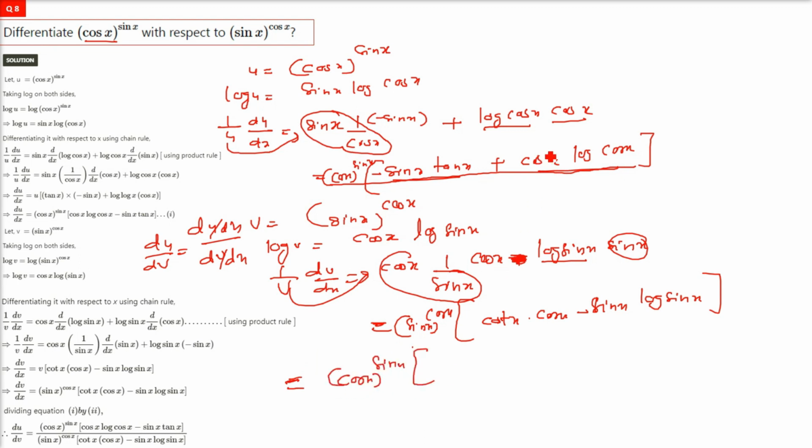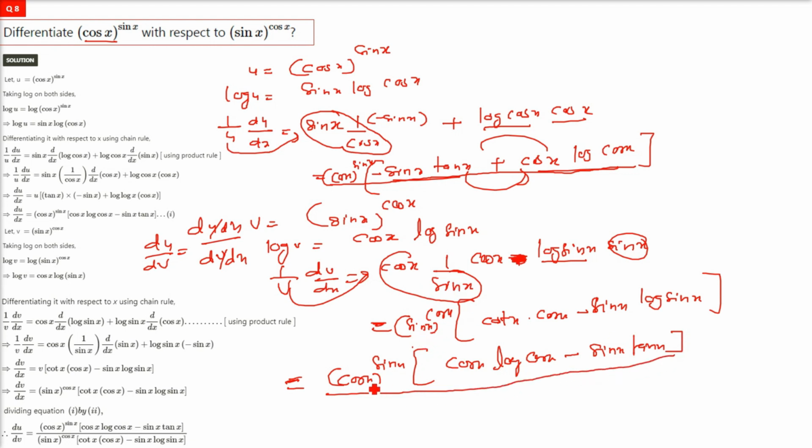So cos x raised sin x, here you'll get cos x log cos x minus sin x tan x, divided by this one, sin x raised cos x, and then we have cot x cos x minus sin x log sin x. Alright, so this is your answer.